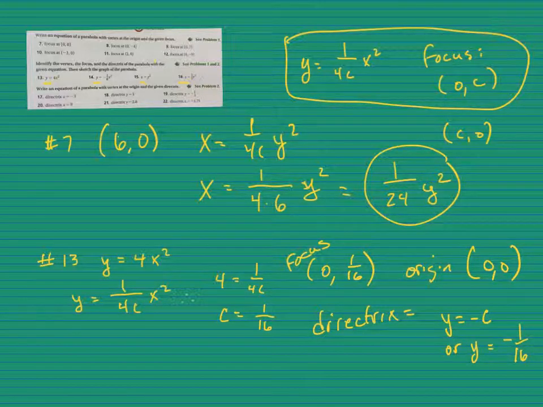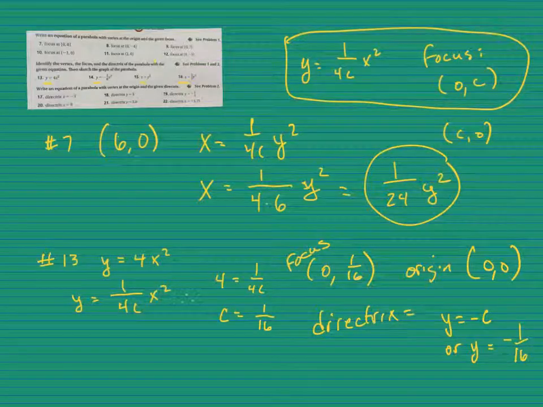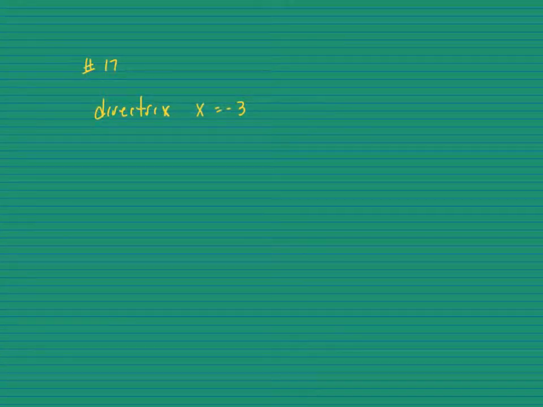It is asking us to write an equation of a parabola with vertex at the origin and the given directrix. For number 17, the directrix is x equals -3. So I know that I have x is going to be equal to 1/4c y squared.